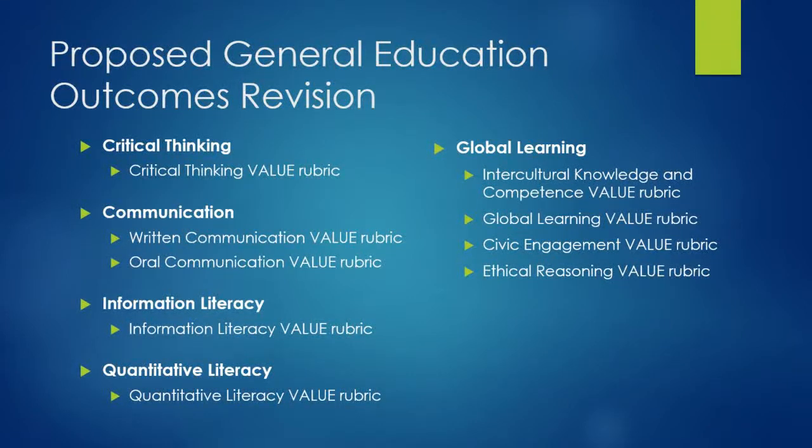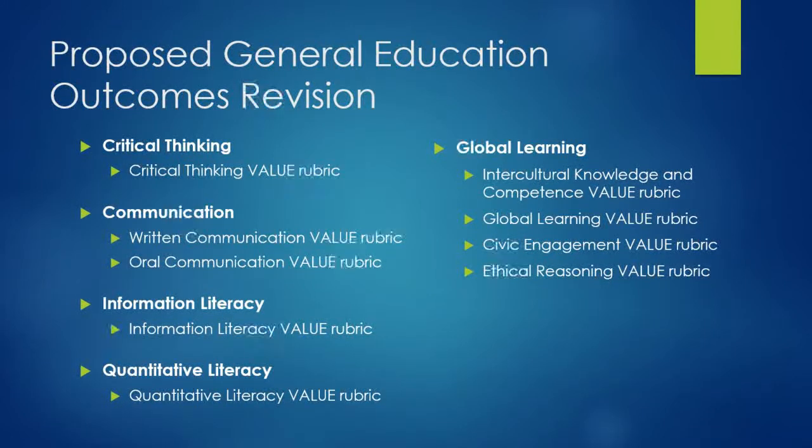The 5 that we are proposing are critical thinking, communication, information literacy, quantitative literacy, which we've had in different forms previously, and then also global learning, which has adapted some of our current general education outcomes and truly made that a general education outcome, one that can apply to all areas across the institution. I've listed underneath these the VALUE rubrics to which they are aligned.